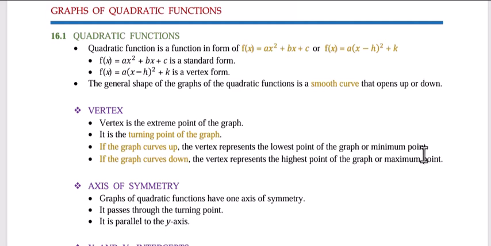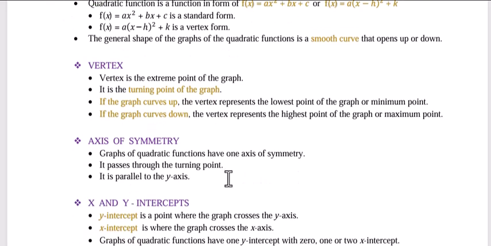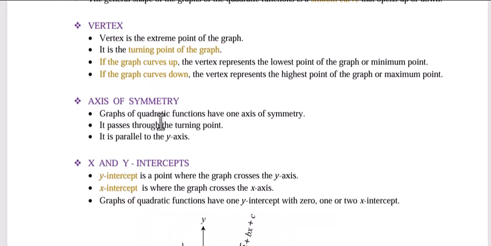If the graph curves down, the vertex represents the highest point of the graph, or the maximum point.